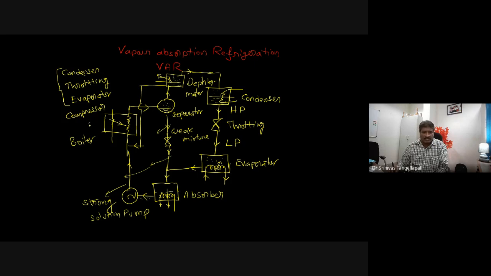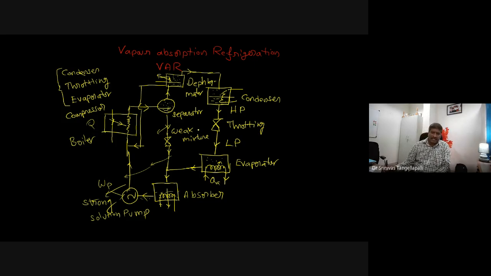And how much heat energy has been supplied, both low grade energy as well as high grade energy, and how much heat we are absorbing here. These conditions will give us the COP, coefficient of performance. The outcome is the refrigeration effect, and the input is both this high grade energy and this low grade energy.